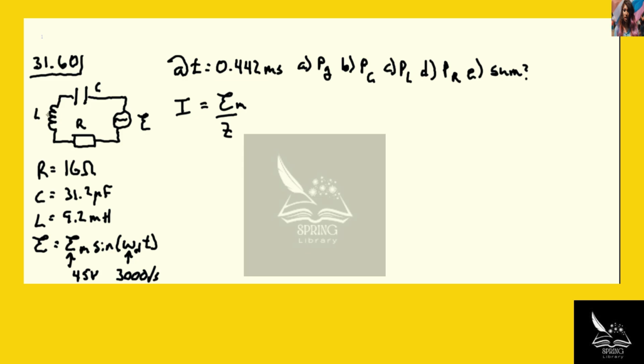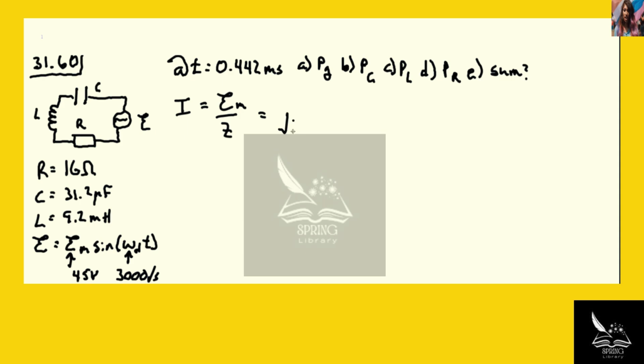So first what we want to do is determine the current in the circuit. It's going to be the same for all of the elements because it's a series circuit.